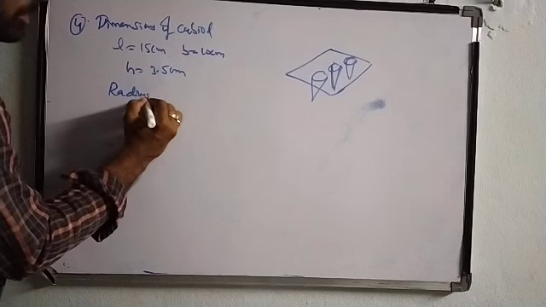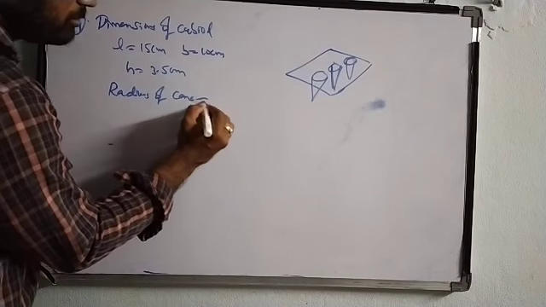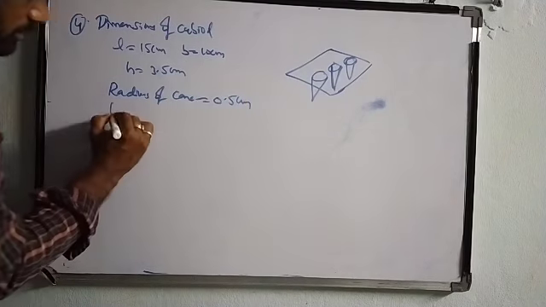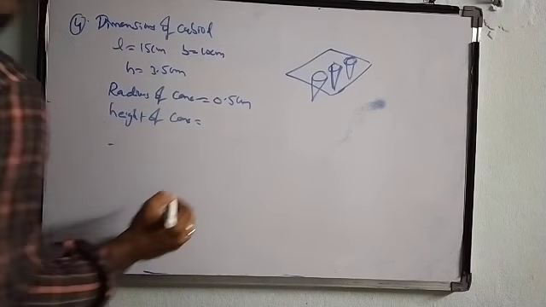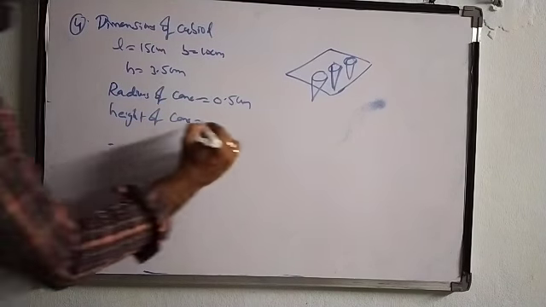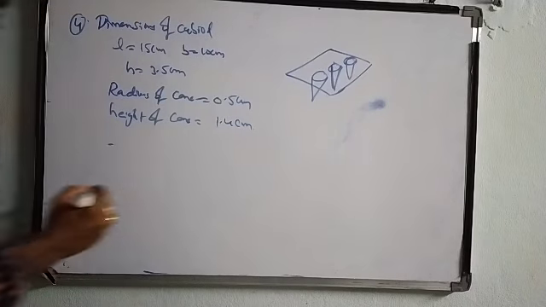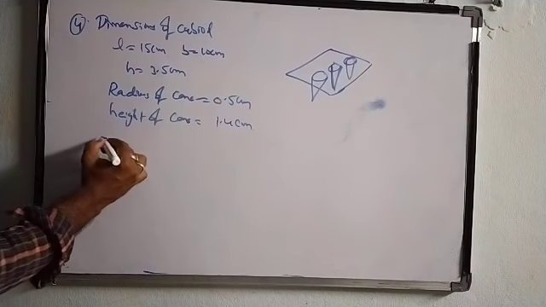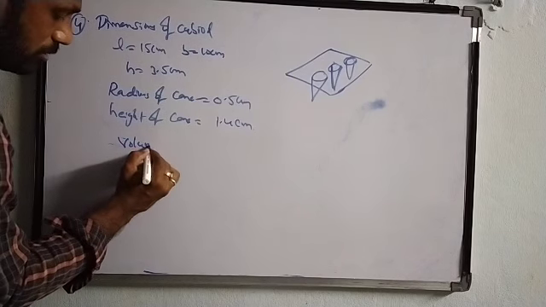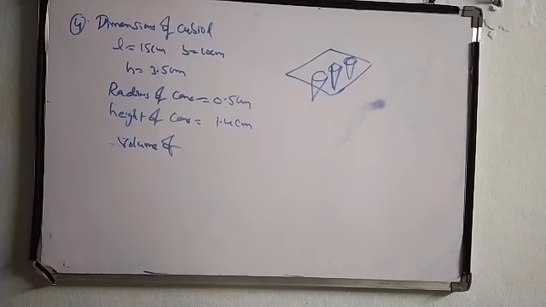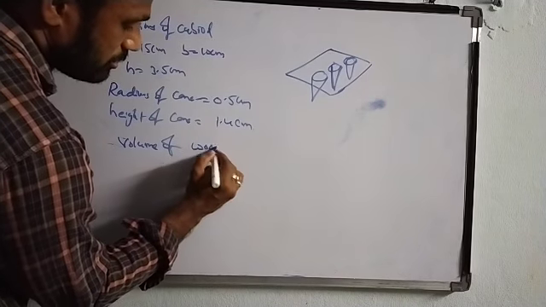So radius of cone is 0.5 centimeter, height of cone, depth is nothing but height, so height of the cone is 1.4 centimeter. So here we need to find the volume of wood in the entire stand.